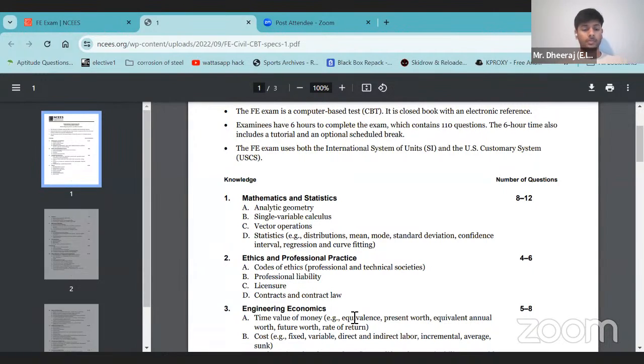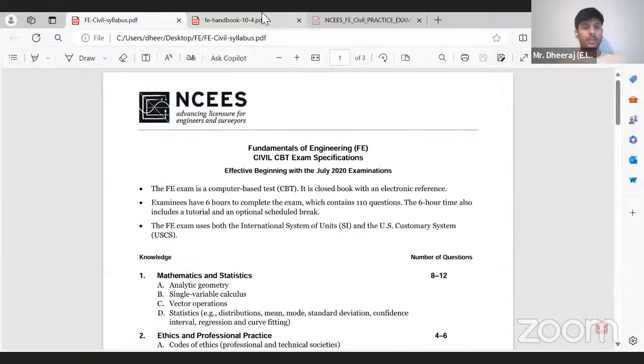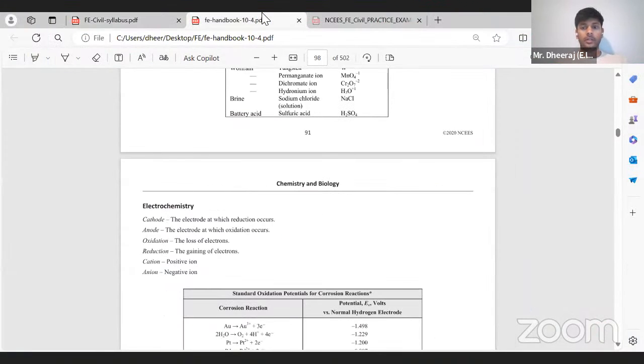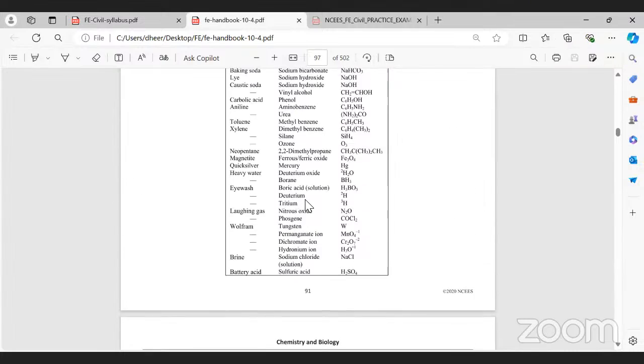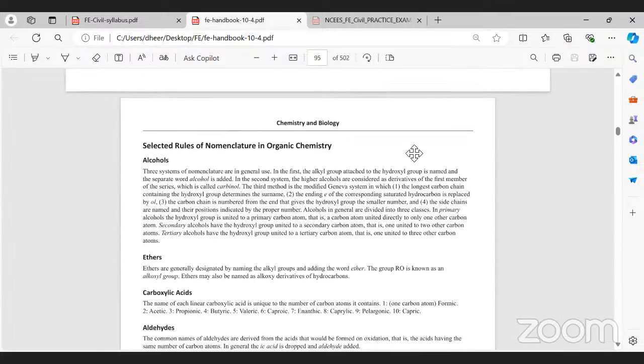The second thing is the handbook. Now you can see the handbook which I'm sharing right now.